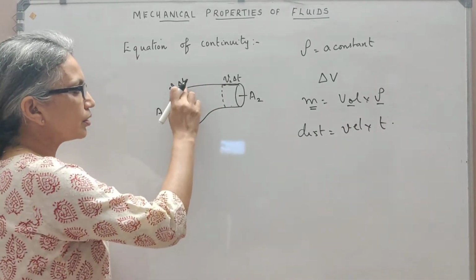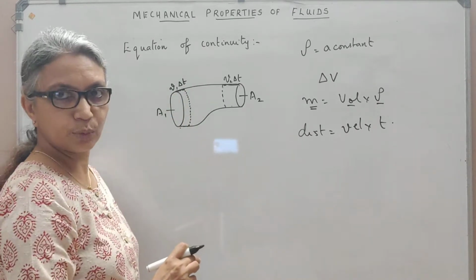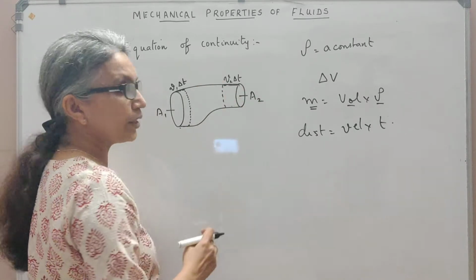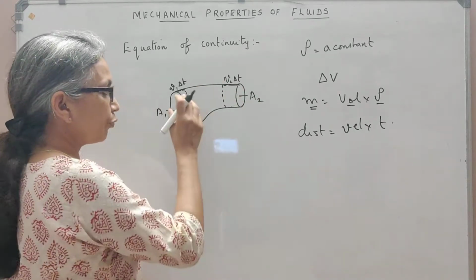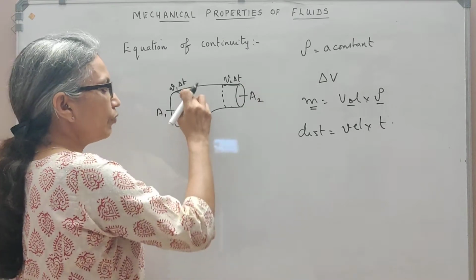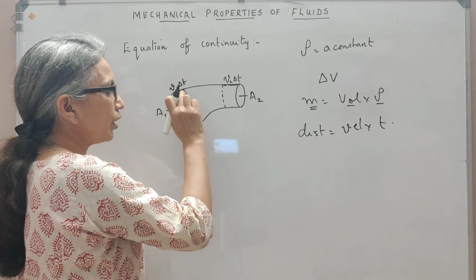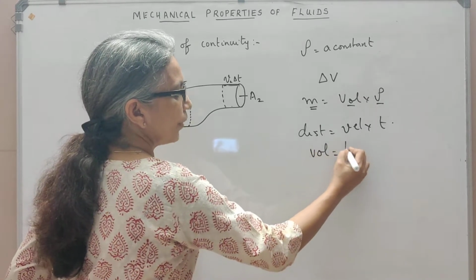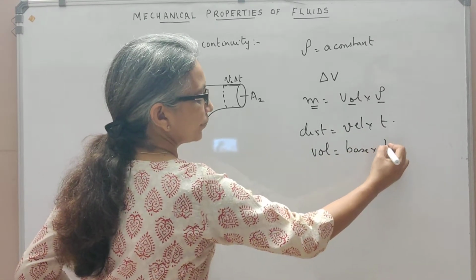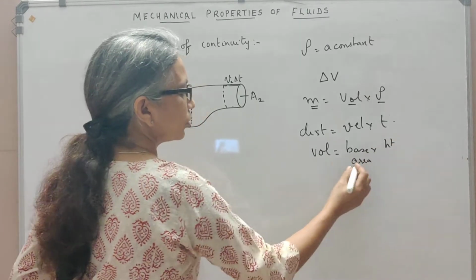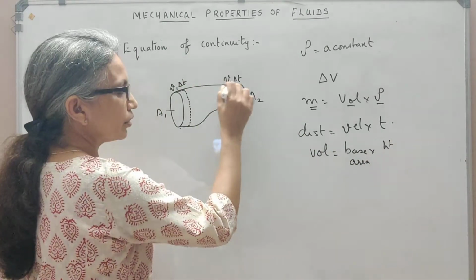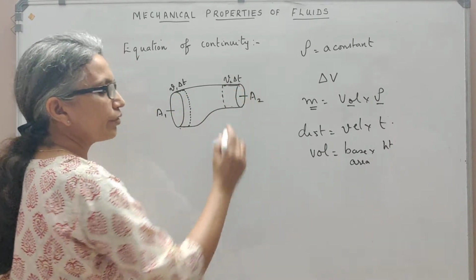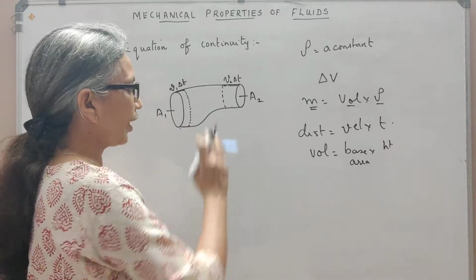So at this end, the distance traveled in time delta t by the fluid will be v1 into delta t, and at the other end the speed has to be different, because if the volume has to be the same, when the area of cross section is larger, then the height should be smaller, because volume is equal to base area into height. So when the base area is large, the distance traveled will be smaller. When the area of cross section becomes smaller, the distance traveled becomes larger.